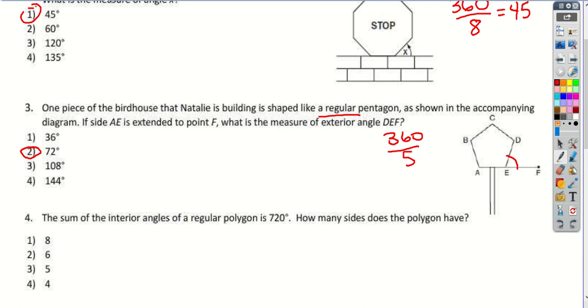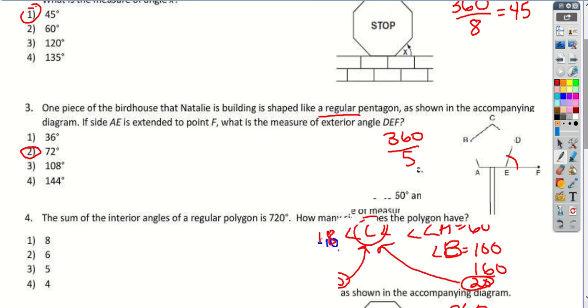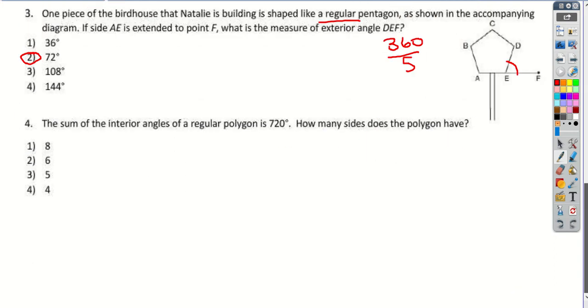All right, the sum of the interior is 720. How many sides does this have? So we can do our formula. For some reason we're way up there again. I'm going to do 180 times n minus 2 for the sum. This is equal to 720.